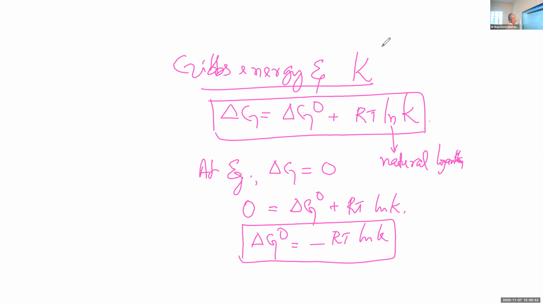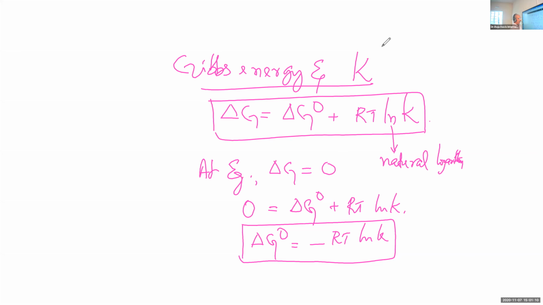Standard Gibbs energy change. Standard means a definite temperature, usually 298 Kelvin, 1 atmosphere pressure, and pure states of the reactants and the products. That is standard condition.